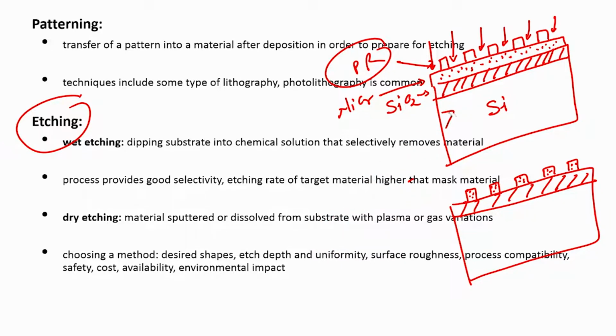So, wet etching is where we dip the substrate into a chemical solution that selectively removes the material. What do you mean by selectively removes the material? That means it will not affect the photoresist and it will only etch the nichrome, right. The process provides good selectivity, etching rate of target material higher than the mask material. What does that mean?